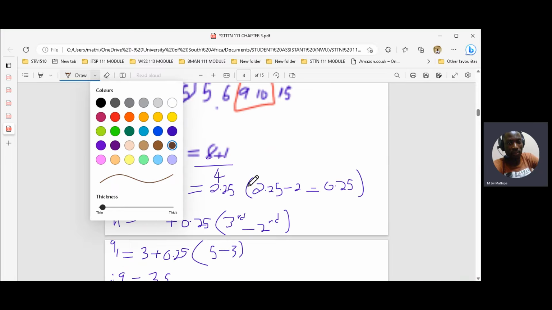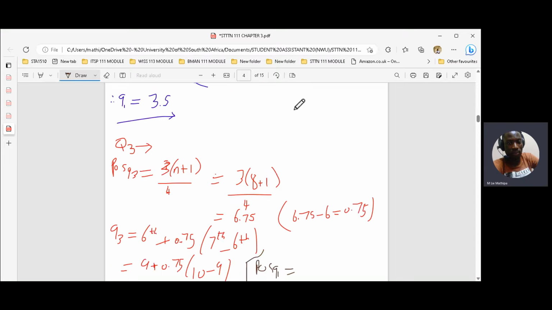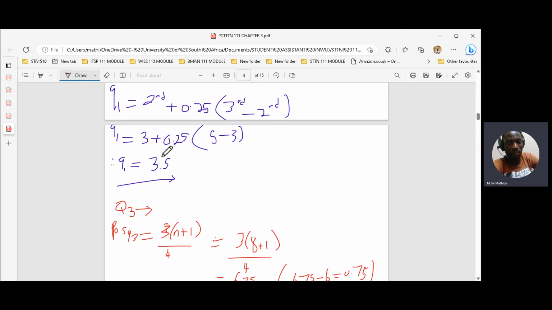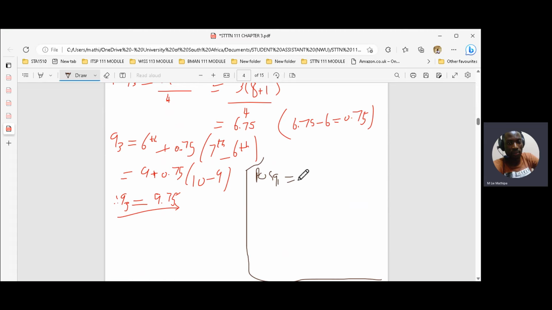Let's say you calculate the position of Q1, and you get 4.5 as the position.